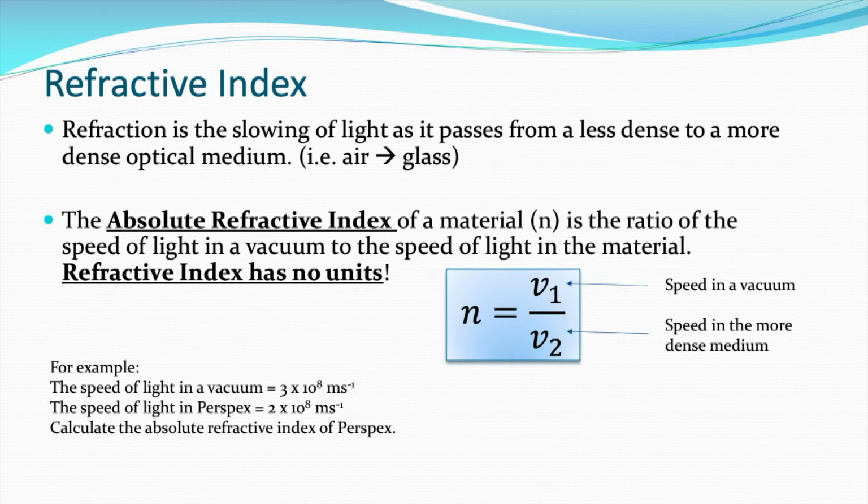The speed of light in perspex is only 2 times 10 to the 8. So calculate the absolute refractive index of perspex. It would be 3 times 10 to the 8 over 2 times 10 to the 8, which is 1.5. No units. That number 1.5 is just telling us that the speed of light is 1.5 times greater in a vacuum than it would be in the substance.